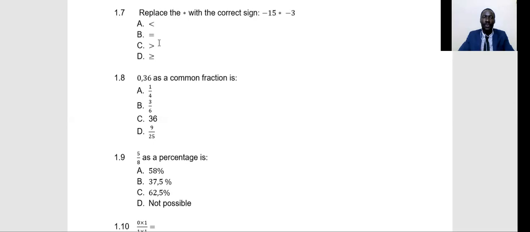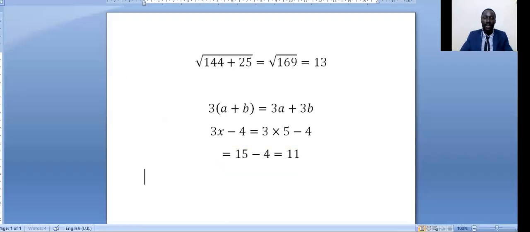So in general, the sign that we are going to put is the less than sign. And so we can therefore say negative 15 is less than negative 3. That becomes the correct sign to put.